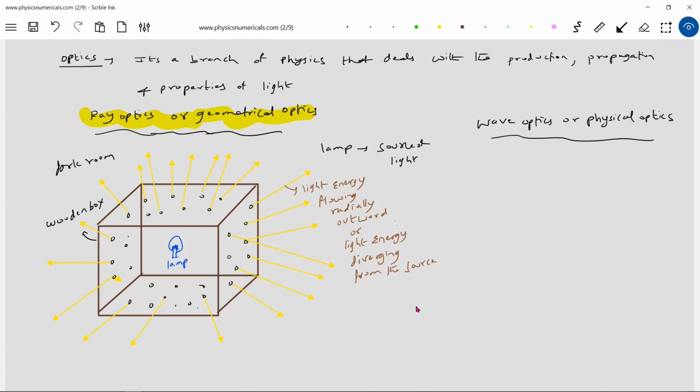What is the point of divergence? The electric lamp itself is the point of divergence. From there, it is coming here.